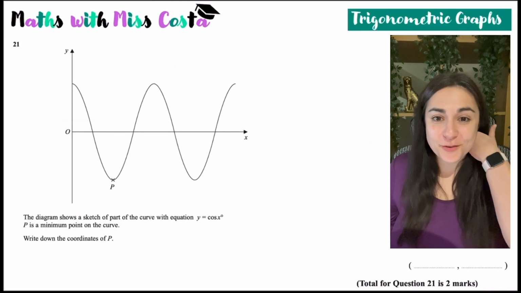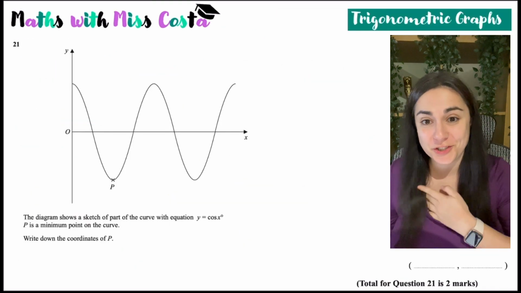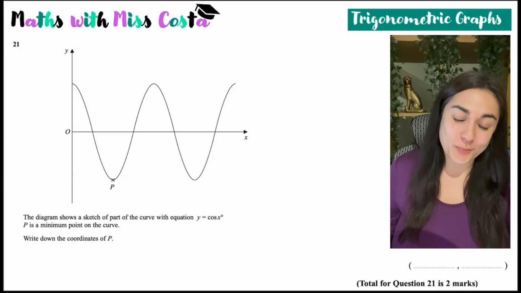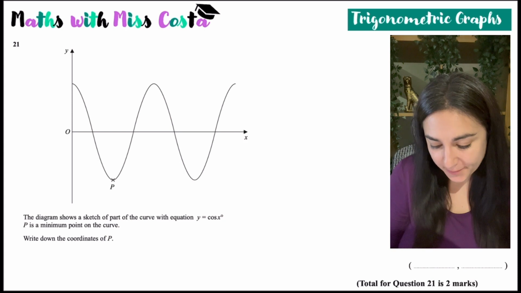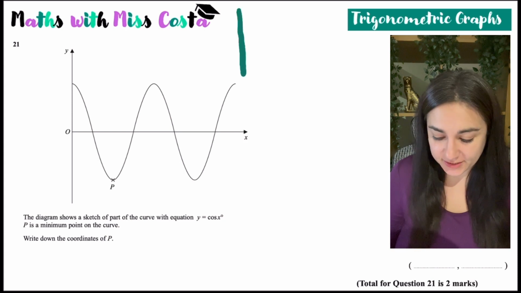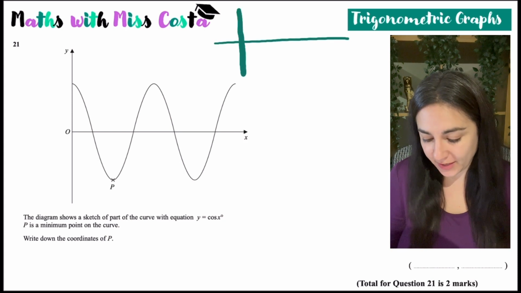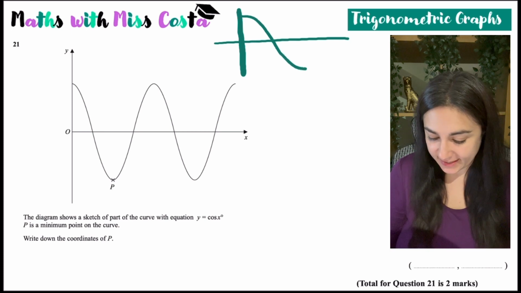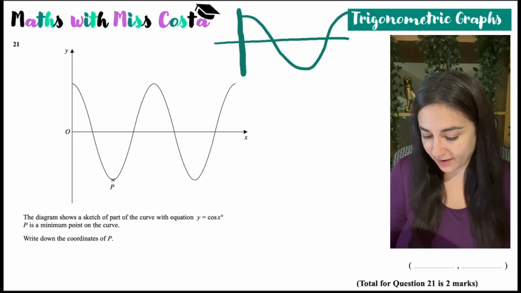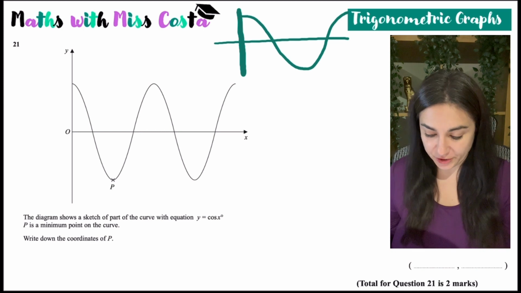Okay, so as part of your knowledge of trigonometric graphs, you should recognize or be able to sketch the graph of y equals cos x. So let's just quickly sketch what that would look like here. Y equals cos x starts over here, it dips, and then it goes back up, and that's the 360-degree loop.